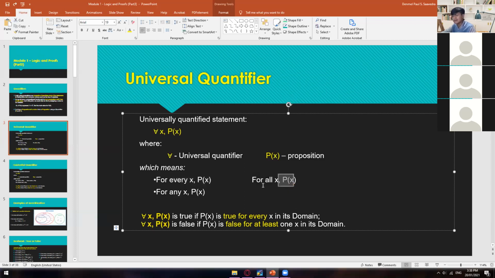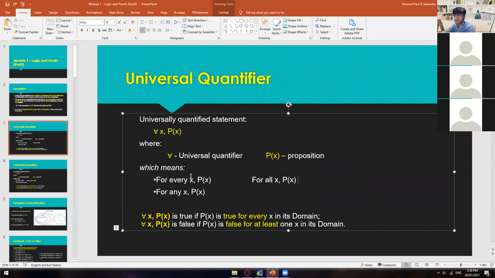Those are the ways to read this universal quantifier. In every value of x, P of x should be true, basically all the possible values that we can substitute for this x, to make this proposition true.